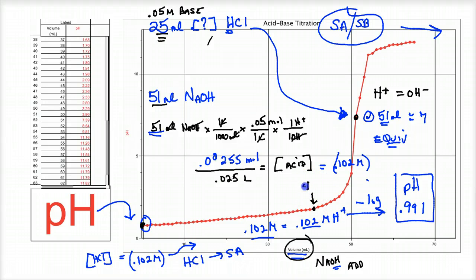This is 41 milliliters, assuming I didn't make any mistakes. So let's see if we can find that pH. Now, how in the world will we figure out a point and verify that point? Because sincerely, you should be able to build this entire chart theoretically and have some comparison to our experiment.